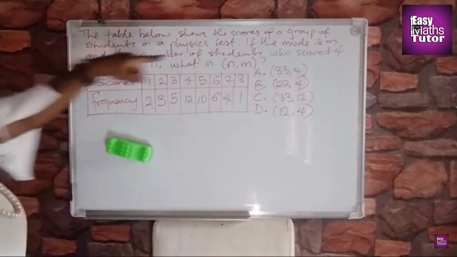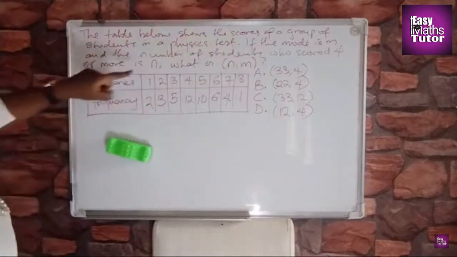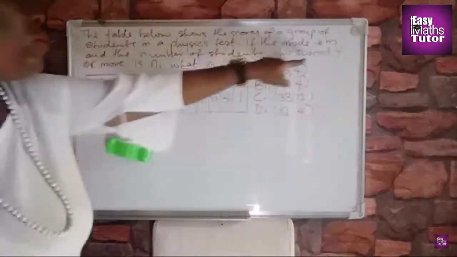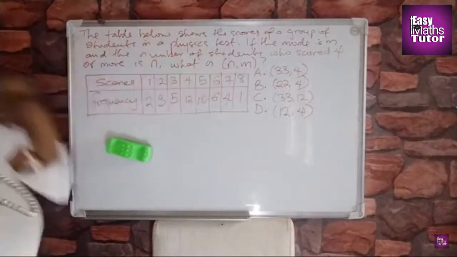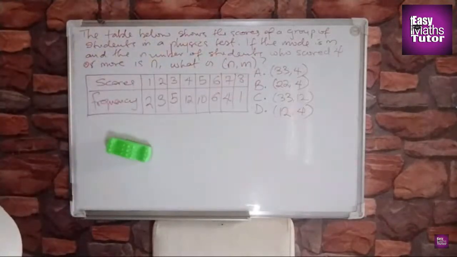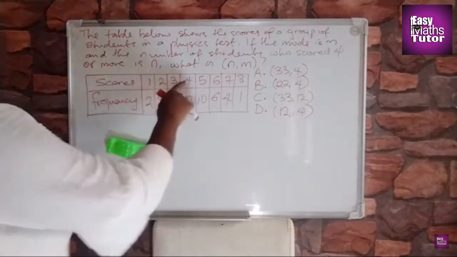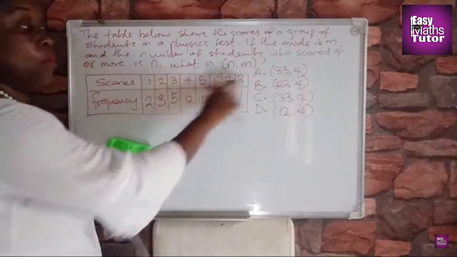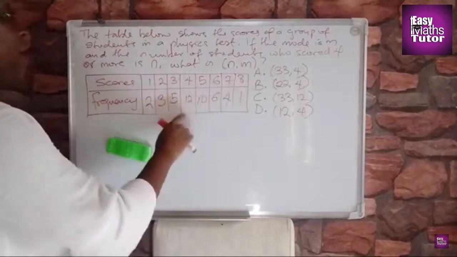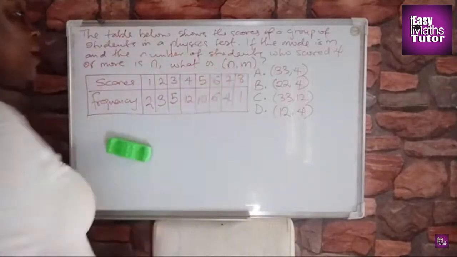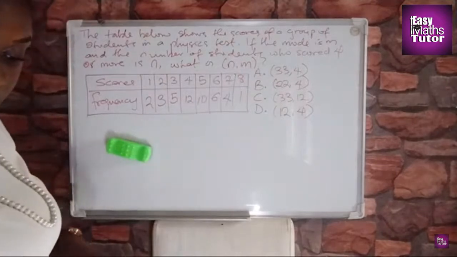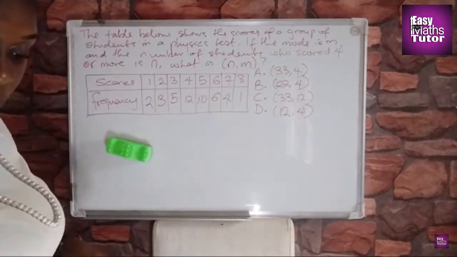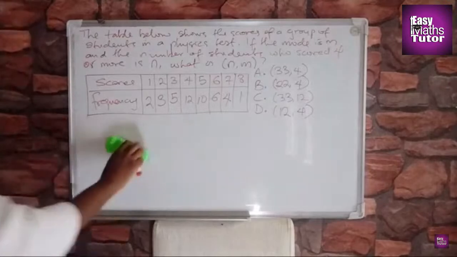So the mode is M, and the number of students who scored 4 or more is N. So we're going to say the number of students who scored 4 and above.